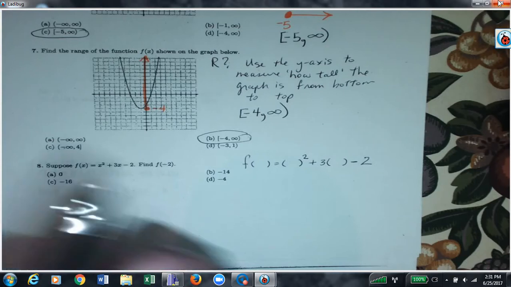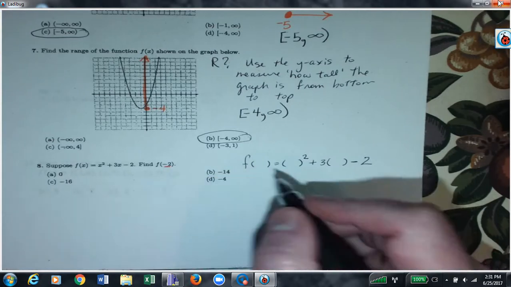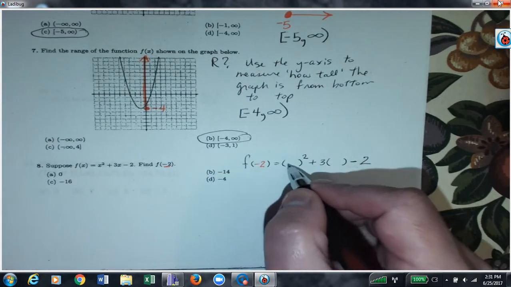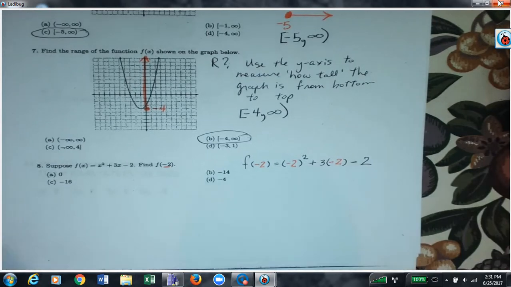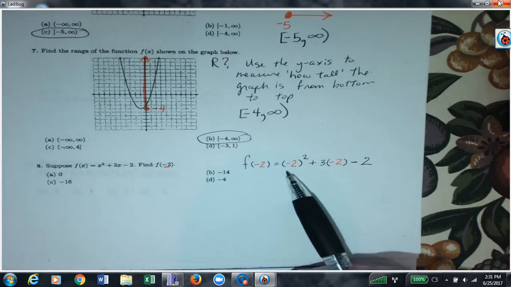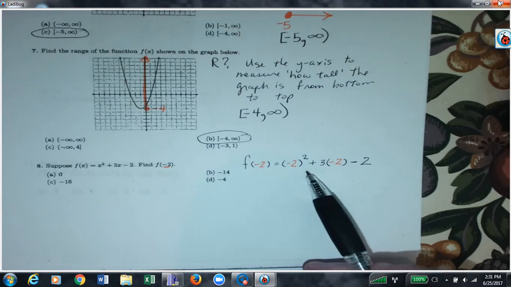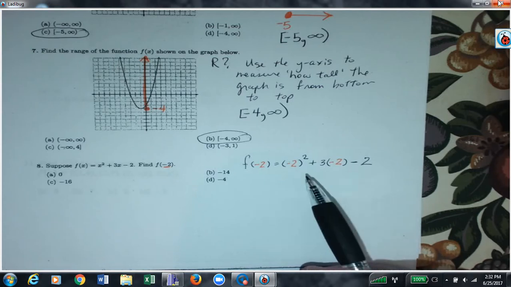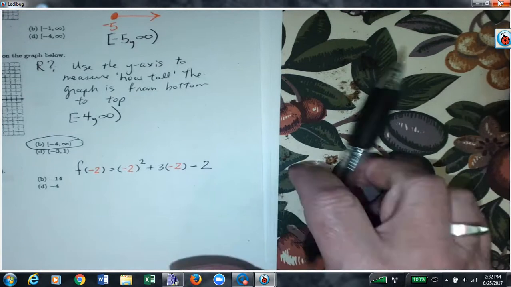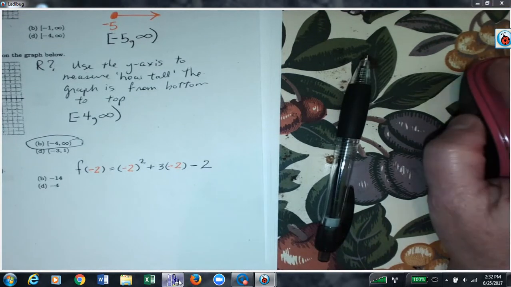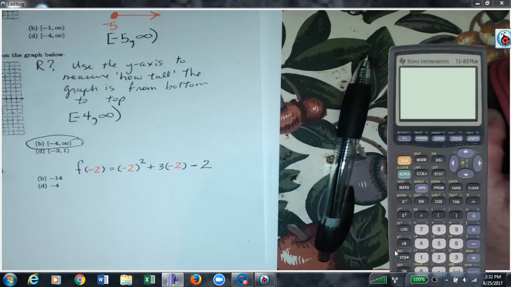I want to find f evaluated at -2. So inside those parentheses, I'm going to put a -2. Now, once you do that, you can put this in your calculator exactly as it's written there, as long as you include the parentheses. So you don't have to do it by hand.